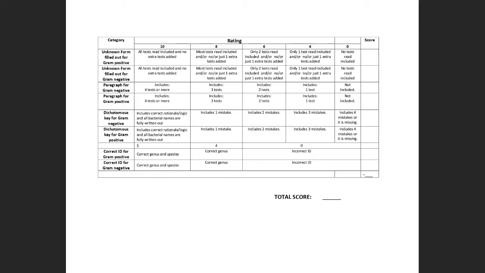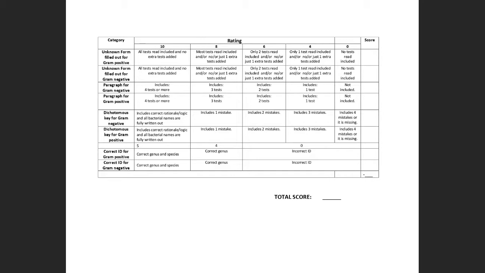So in order to get 10 points for the unknown form fill out for the gram-positive portion, you have to include all the tests that you read. That includes the observations, result interpretation, and you're not adding any extra tests. That can get you up to 10 points.